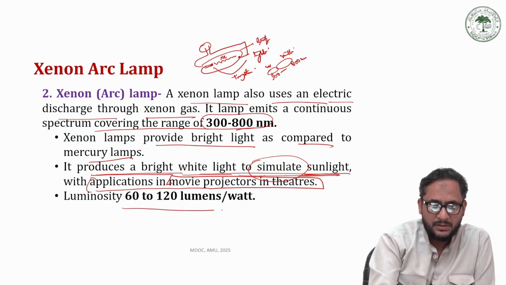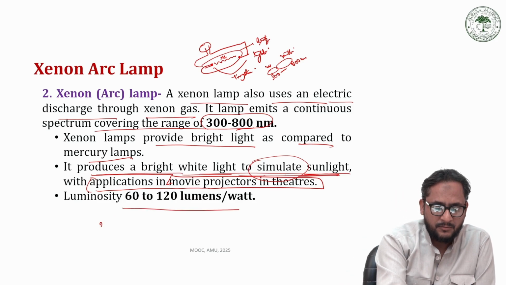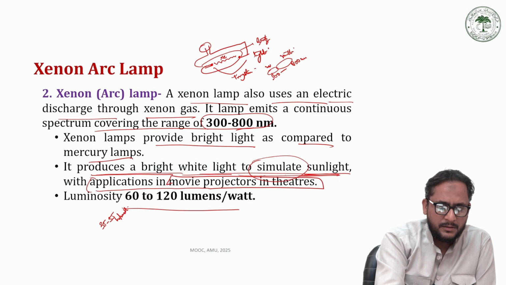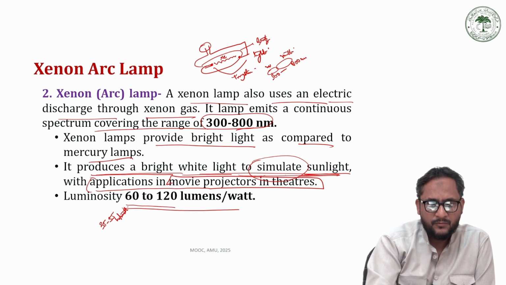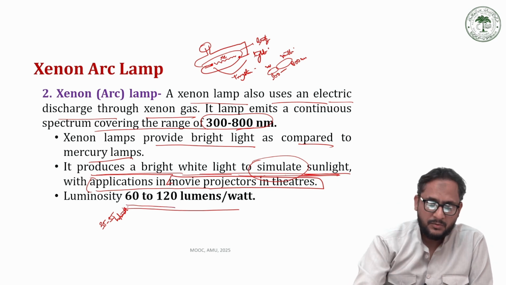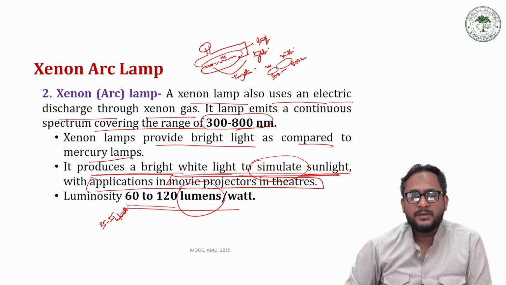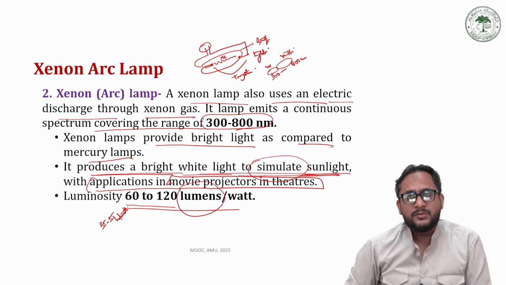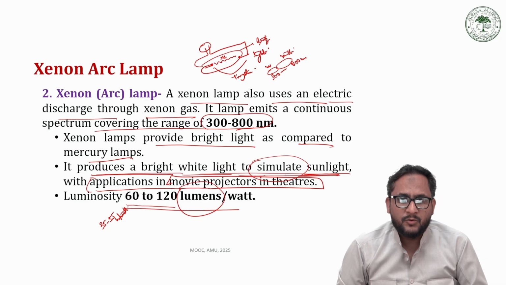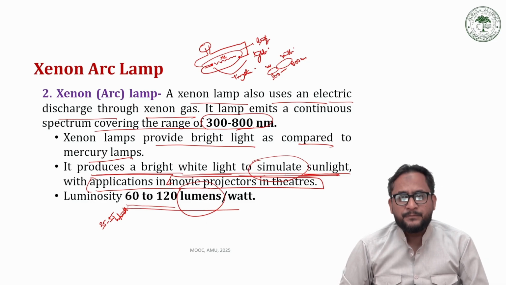Their luminosity is quite high, while in the case of mercury it ranges from 35 to 55 lumens per watt. In this case, we have 60 to 120, more than double. The luminosity of a xenon arc lamp is almost double that of mercury lamps.